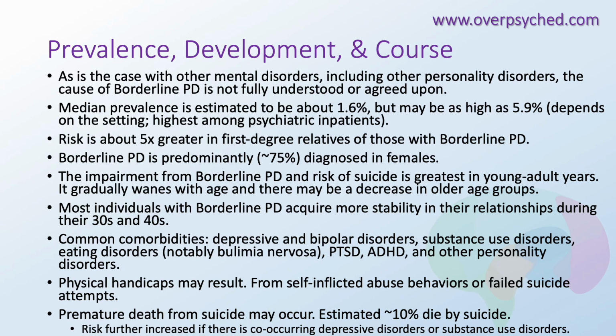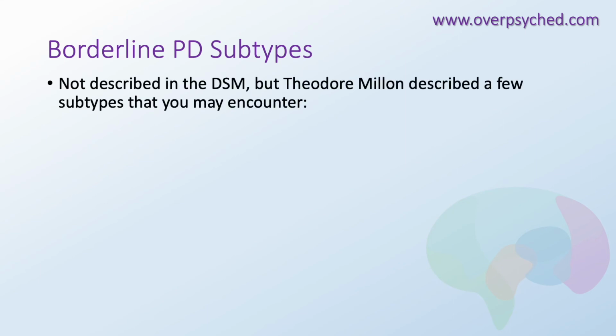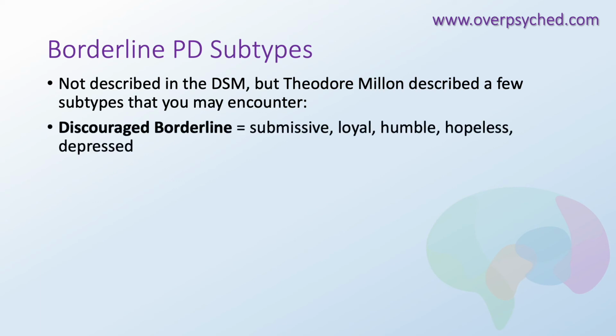So now let's transition into discussing some of the subtypes of borderline personality disorder. These are not described in the DSM, but Theodore Millon described a few subtypes that you may encounter. First is discouraged borderline. These individuals are submissive, loyal, humble, hopeless, and depressed.